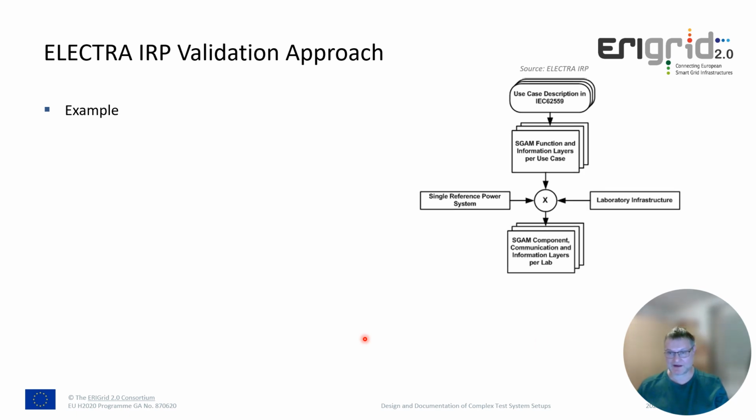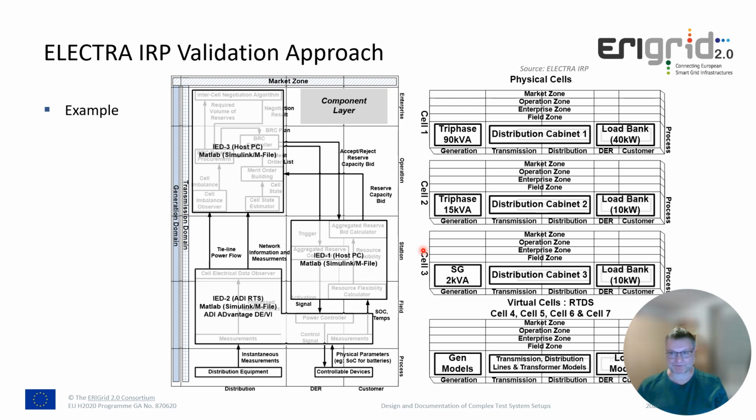And then we look at how such a description, such kind of an experiment, can be realized in a lab context. And as you can see here, the different elements are mapped to different PCs, to different IADs. Here mainly a simulation-based approach is described on the left-hand side.